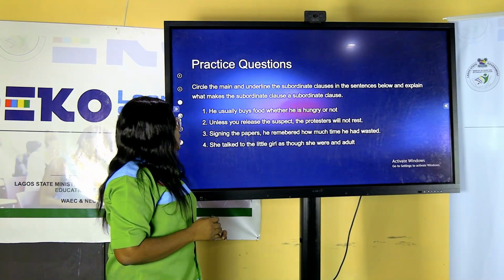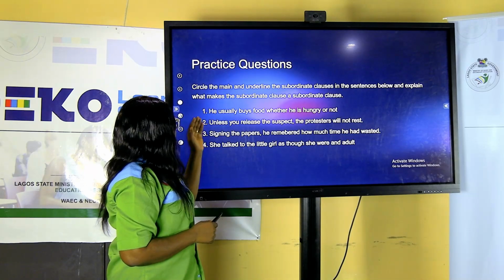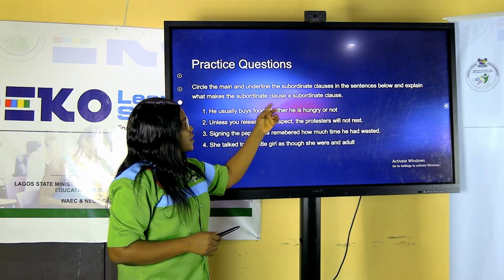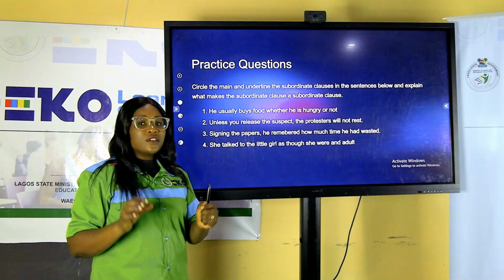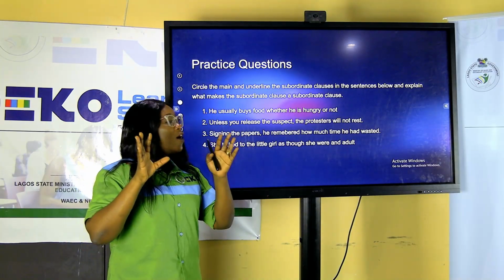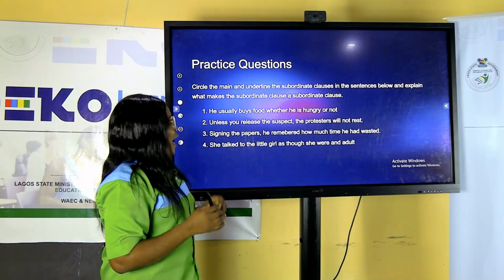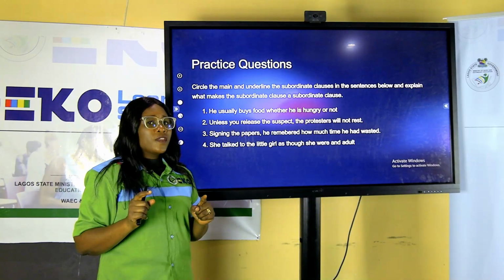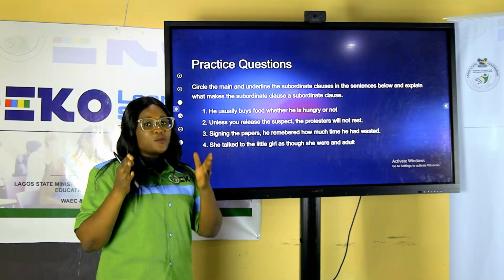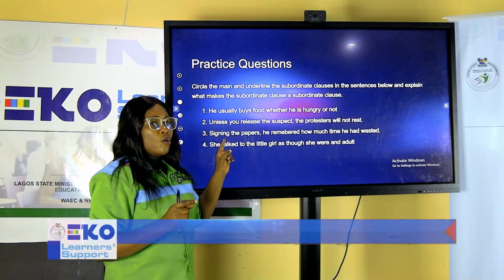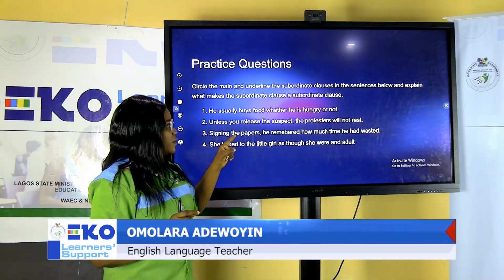Here are some practice questions. Circle the main and underline the subordinate clauses. So you have to circle the main clause and underline the subordinate clauses in the sentence. And then you're doing one more thing, because I really need to understand if you know and understand what we have been doing.